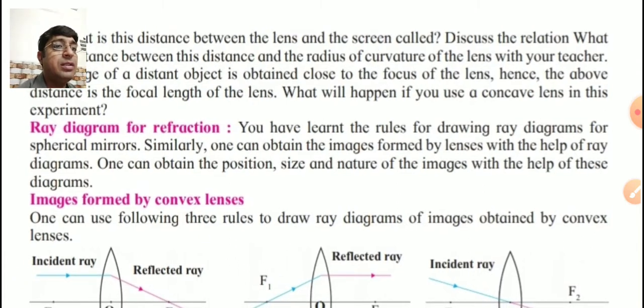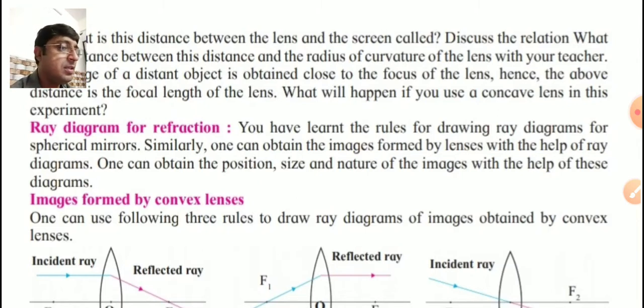Now you have learned the rules for drawing ray diagrams for spherical mirrors. In 9th standard also we learned about spherical mirrors. At that time also we learned the 3 rules. Similarly, one can obtain the images formed by lenses with the help of ray diagrams. One can obtain the position, size and nature of the images with the help of these diagrams.